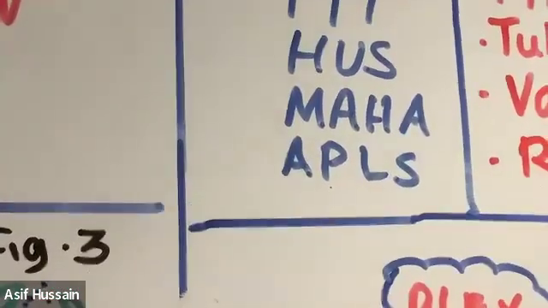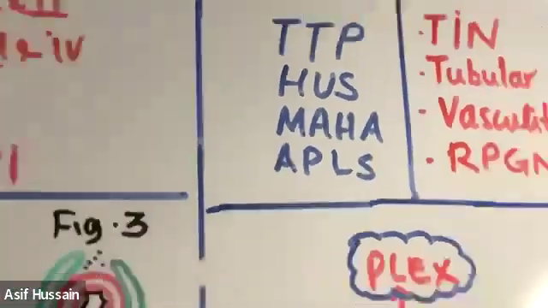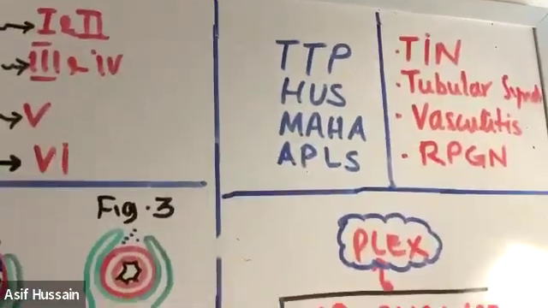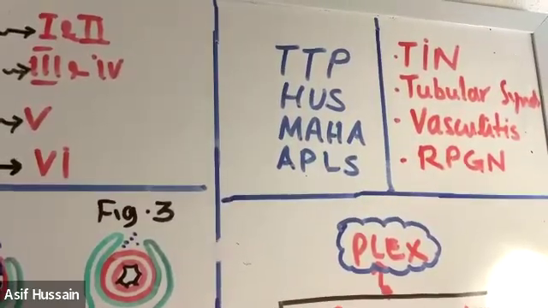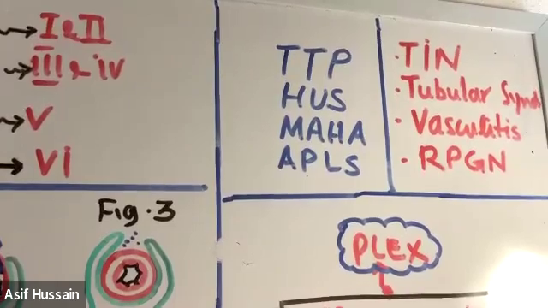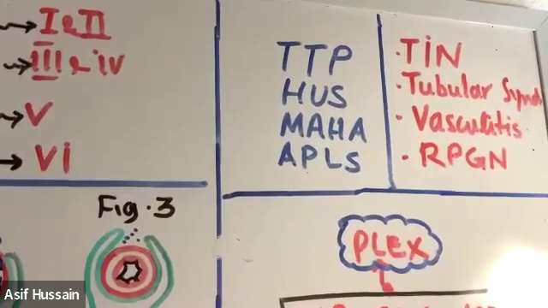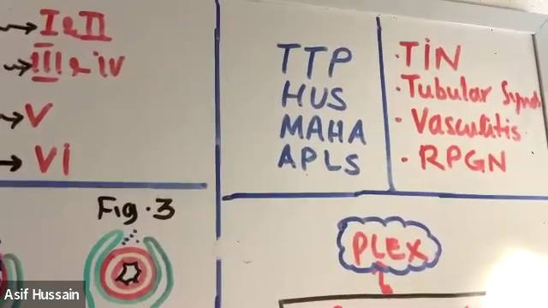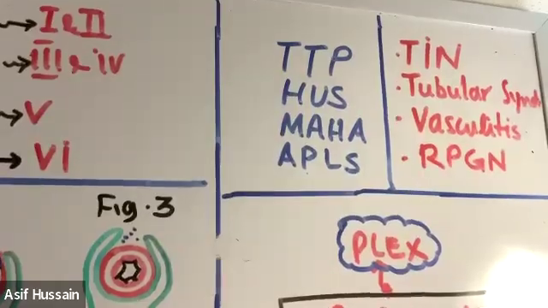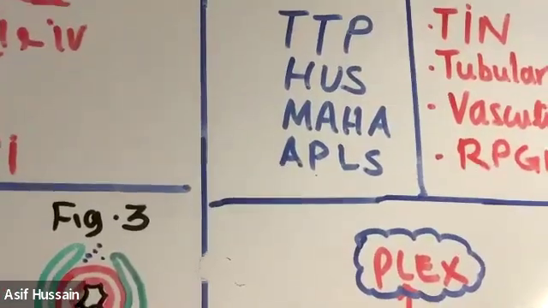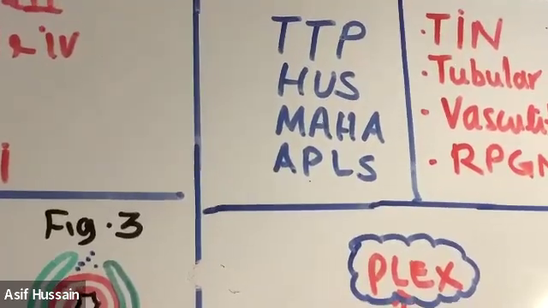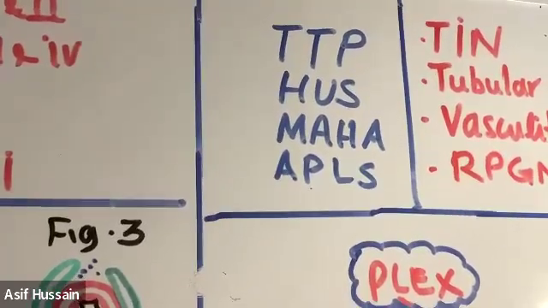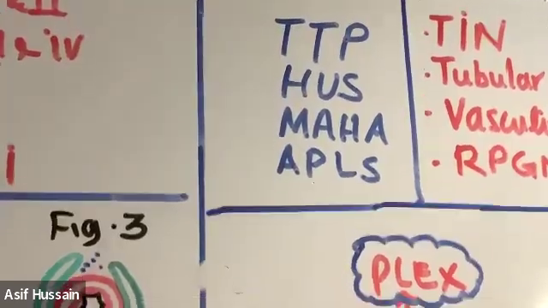Microangiopathic hemolytic anemia, in simple words: DIC is microclots in the capillaries made up of platelets and clotting factors. TTP and HUS are microplugs made up of only platelets. MAHA, microangiopathic hemolytic anemia, you can remember in the simplest words as plugs of the red blood cells, just like TTP and HUS are plugs of the platelets.